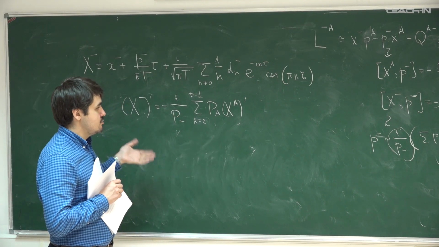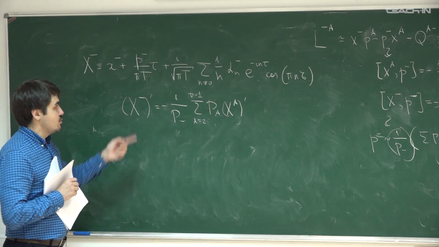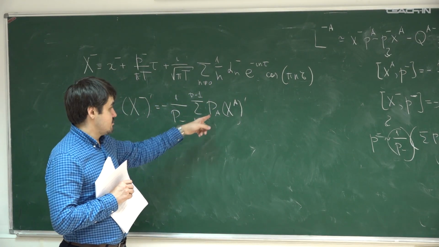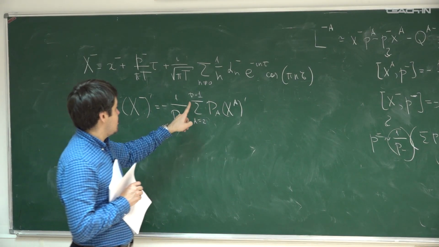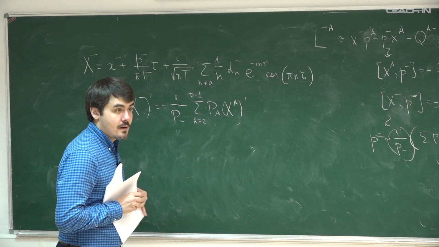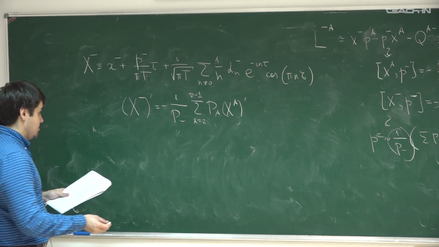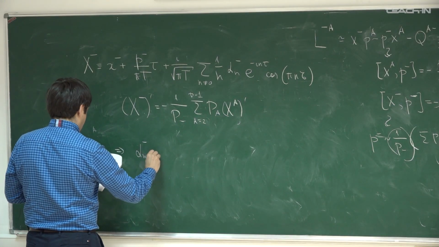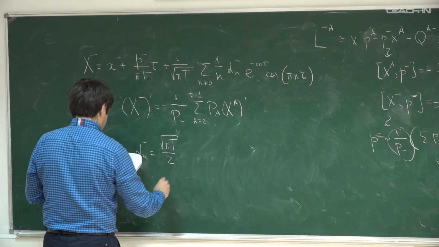Right? So I told you many times that we can solve this for x minus. That means we can find the coefficients of the expansion in terms of the transverse coefficients, and as you see now, these coefficients will be quadratic in the transverse coefficients, right? So as a result, we find that alpha n minus is square root of pi t over 2.